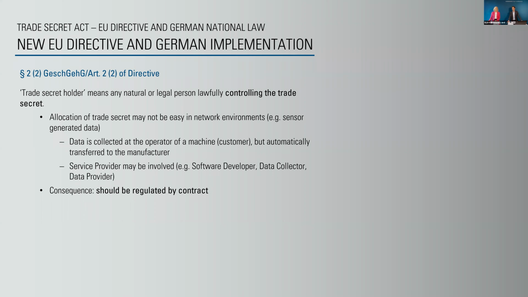Even if it's originally owned by another company, it's also possible to transfer the rights in the trade secret to the other company. And therefore, in case I know that at the end I have a product which is based on data and algorithm, and there may be other companies generating it, then I can of course agree by contract that all the results of this are owned by me.